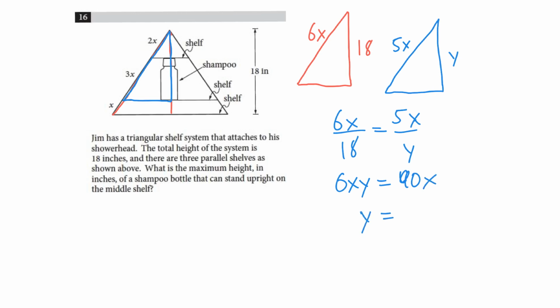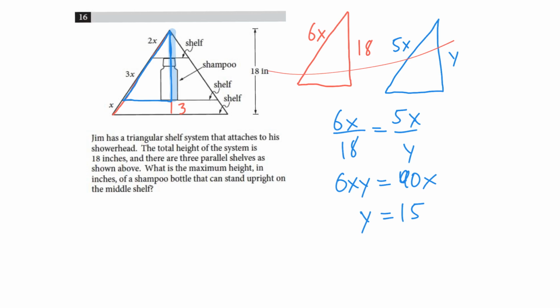So y equals 90x divided by 6x. Well, that's going to be 15, because the x's cancel out, and then 90 divided by 6 is 15. So we know that this distance is 15. Therefore, this distance must be 3.